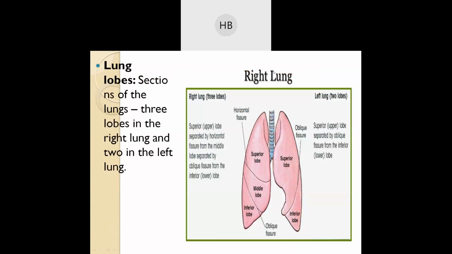Okay, next is lungs. So the lungs, you will find two. We have got two lungs. The right lung has got three lobes: the superior lobe, middle lobe, and inferior lobe.